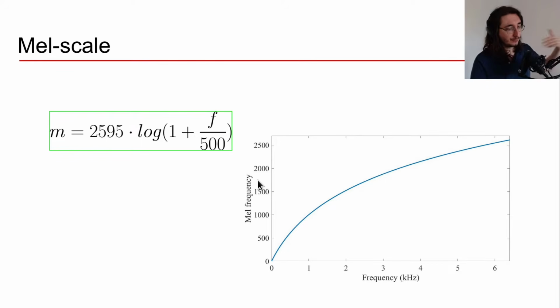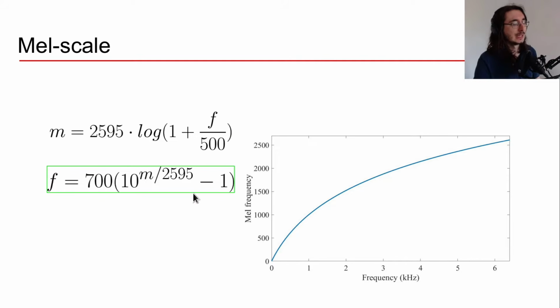Now we can take the inverse of this function, and with this, we're going to be able to move from mels back to hertz. I want you to keep in mind these two formulas, because we're going to be needing them moving forward. Okay. So now you should have a basic idea of the Mel scale and why it is important in terms of the way we perceive pitch in this case.